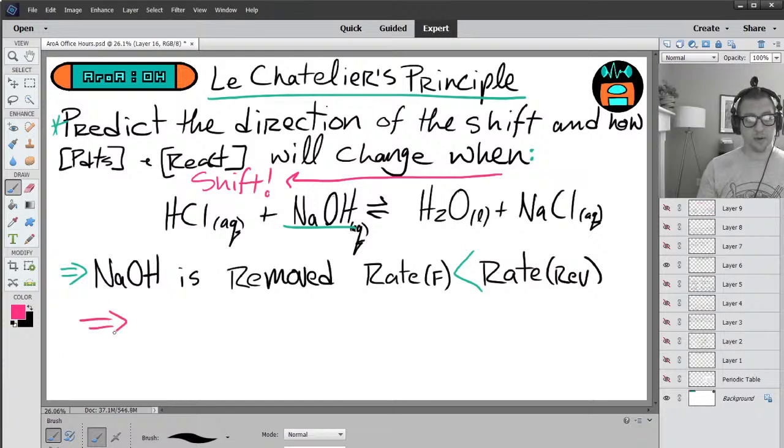All right, this equilibrium is going to experience a shift to the left.